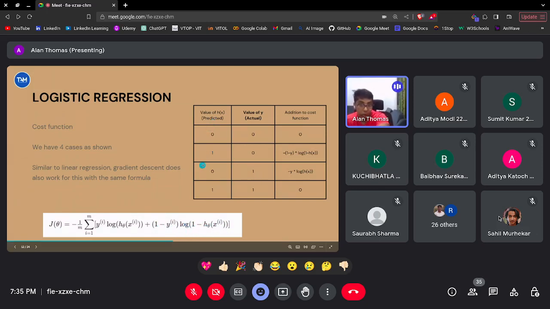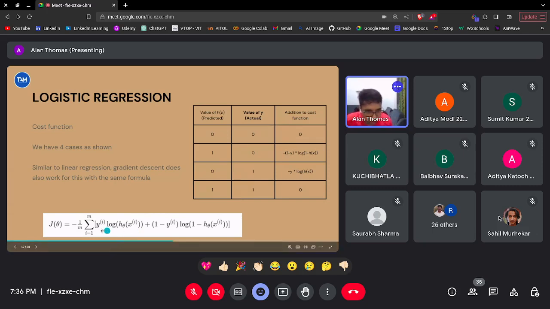On the other hand, if you predict 0 but it's actually 1, then 1 minus y becomes 0, and you just have this, which will be added to the cost, which is minus yi into log of hypothesis x.